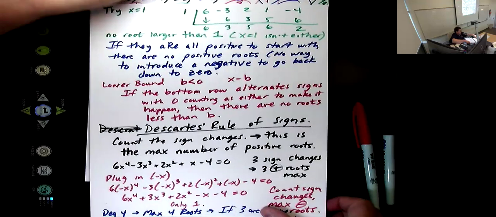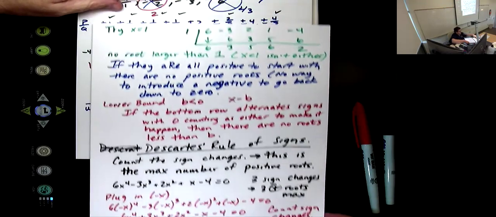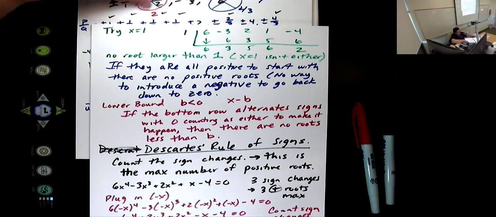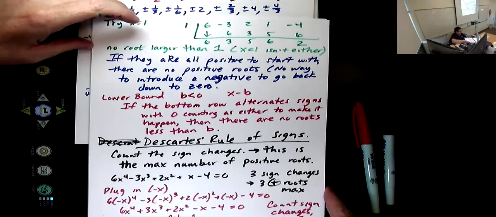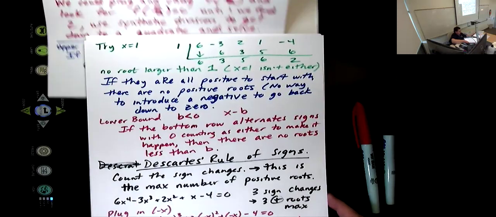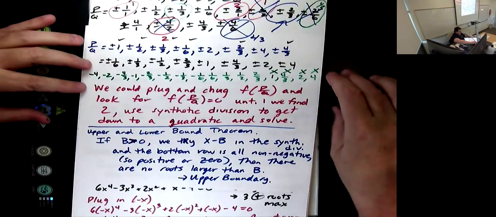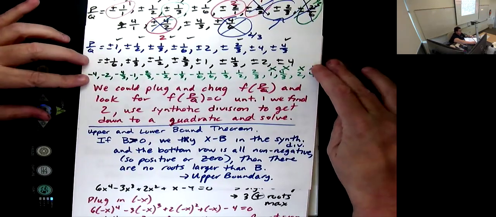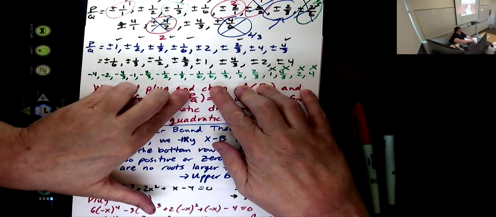So how does this help you? If there is a negative root, and there's a good chance there is, it may not be rational, it may be irrational. But look at our list. Even before I crossed stuff out, I had an even number of positive and an even number of negative roots.